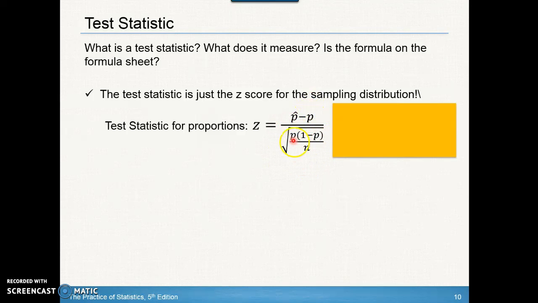Now, here's the tricky part. Notice that since we are using a z-score curve, we have to use the population proportion. We're using what the null is because we're using a z-score curve, and that's based on this.